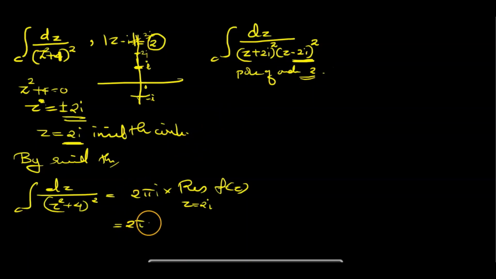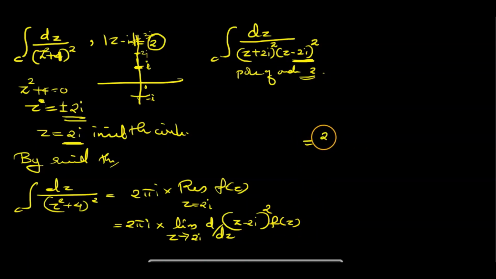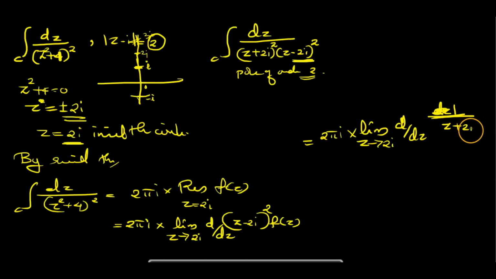So the residue at a pole of order 2 is the limit as z tends to 2i of d/dz of (z − 2i)² into f(z), which is equal to 2πi times the limit as z tends to 2i of the derivative of (z − 2i)² into f(z). Here f(z) is 1 by (z + 2i)².